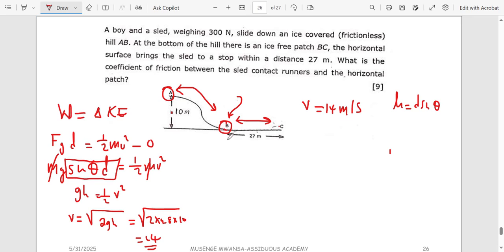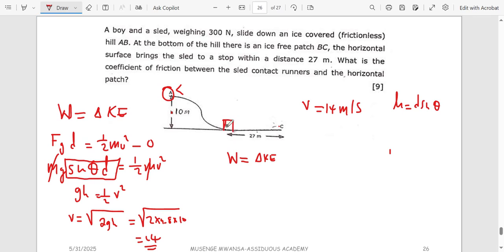Again, now from the point B to the point C, work is change in kinetic energy. But from the point B to the point C, the only work that is present here is the work done against gravity. And how do you find that work?